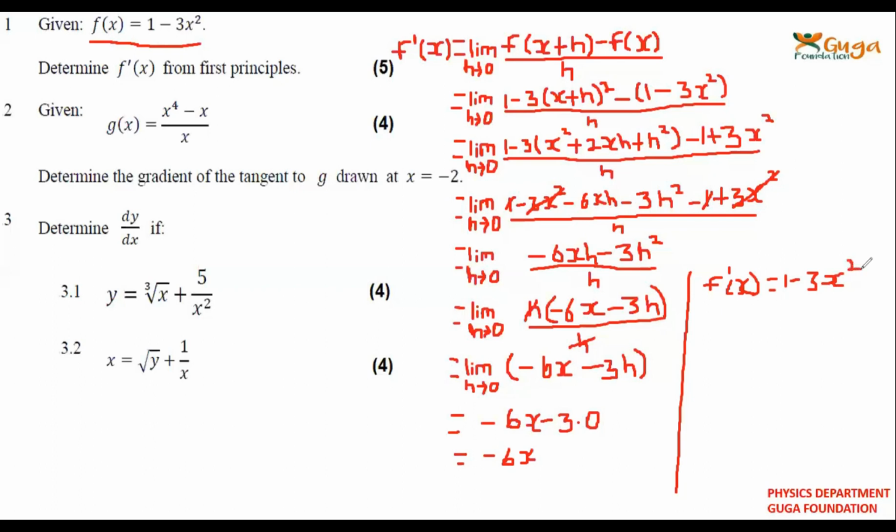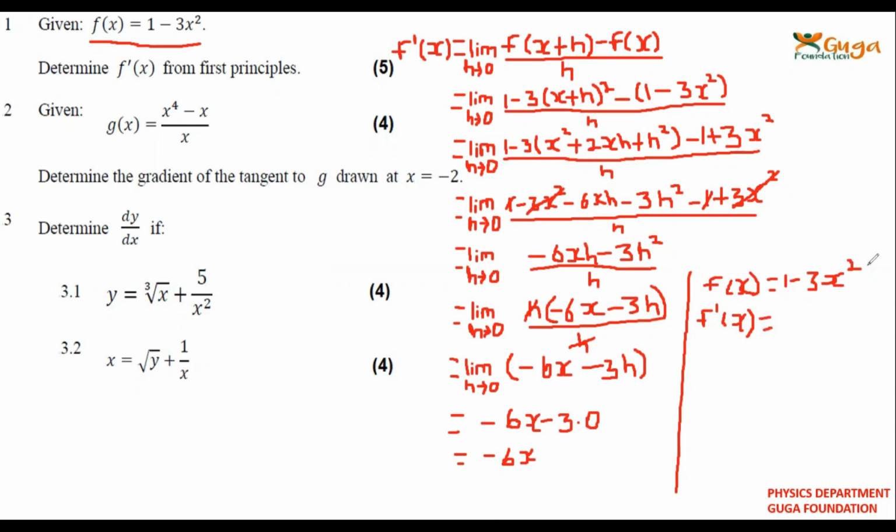It will be then f prime of x is equal to, the derivative of a constant is 0.